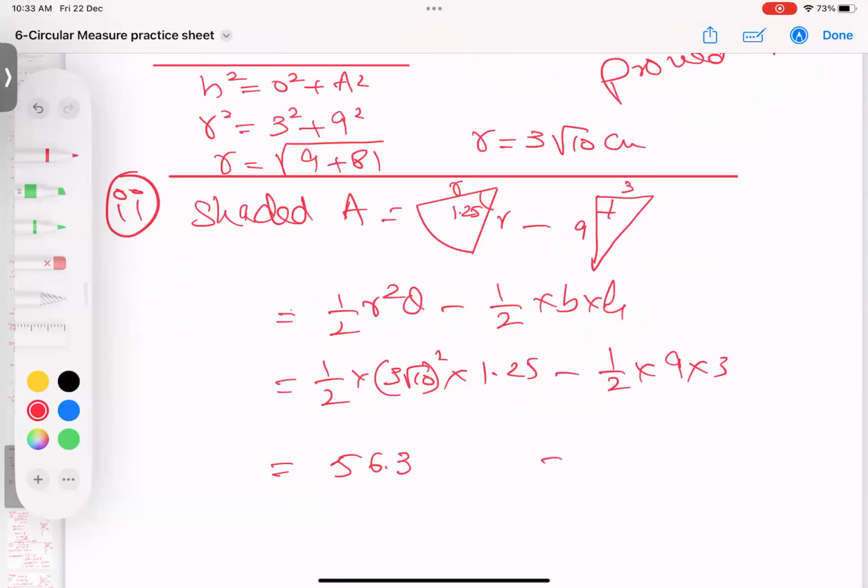The other answer coming is 13.5. And after subtracting, finally I get 42.75, which is 42.8 to 3 SF. And this is my shaded area finally. I believe you got the point very clearly, and the question is over.